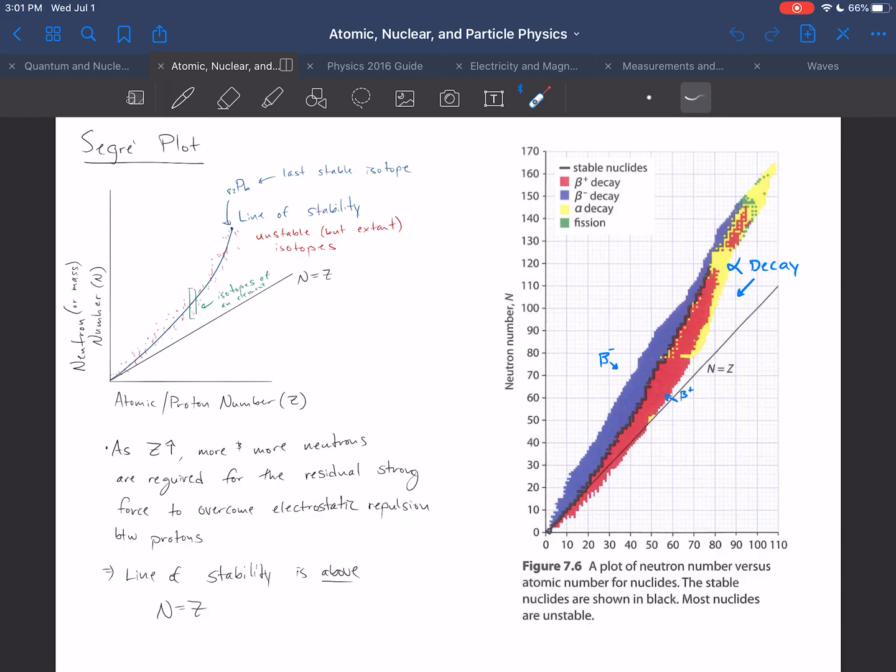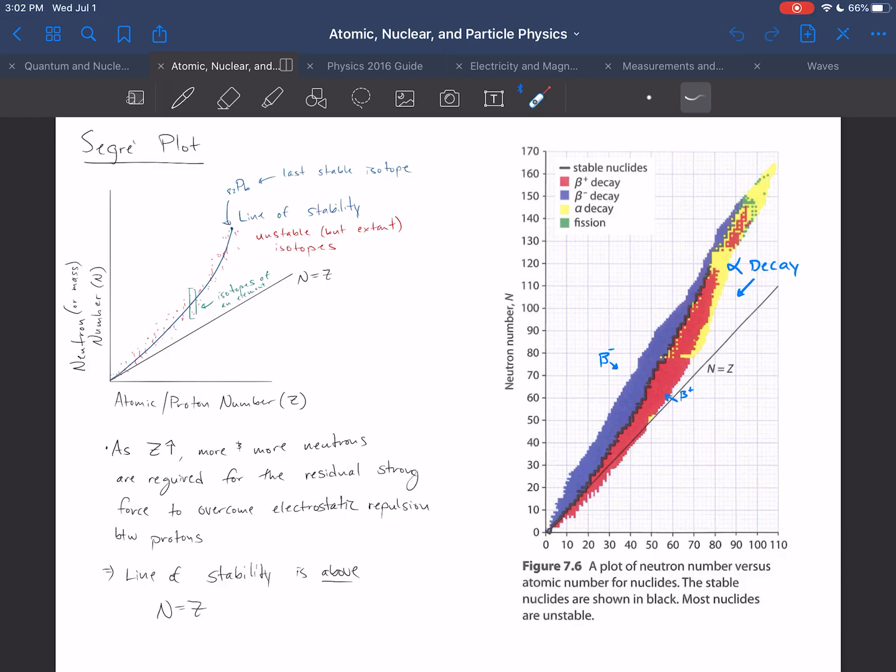All right. So, first question, why does this bend upwards? Why does the line of stability bend upwards above the n equals z line? That's a really important question. And what is happening is that as z goes up, that is, as you get more and more protons, you need more and more neutrons for the residual strong force to overcome the electrostatic repulsion between the protons.